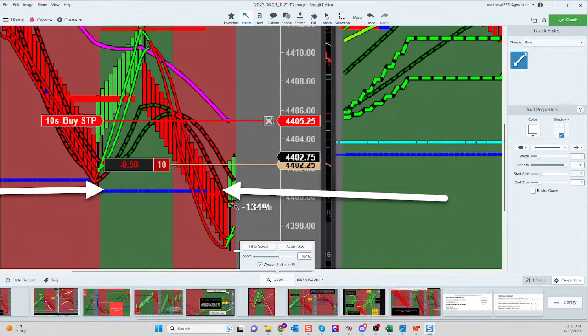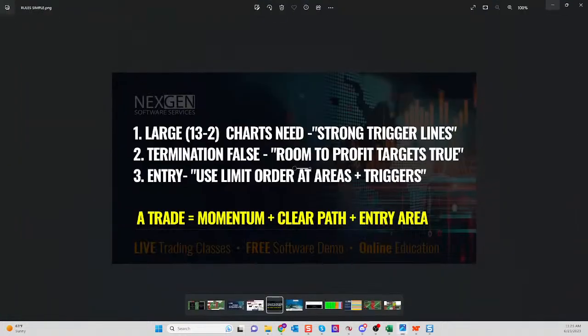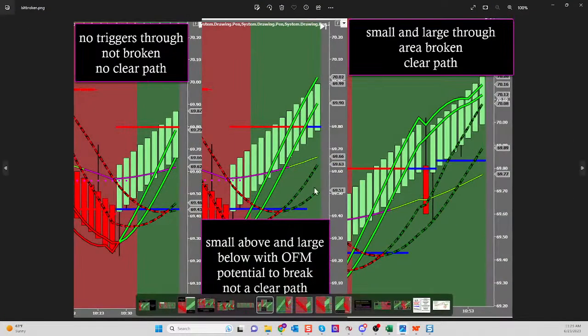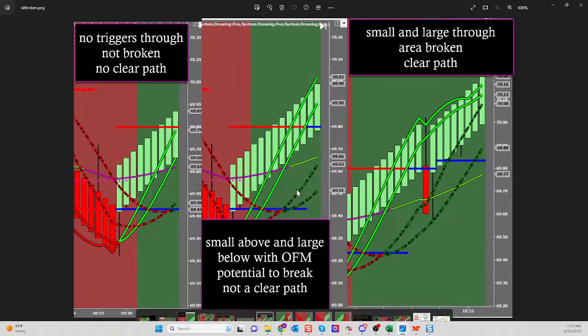So maybe this was just a little misunderstanding on the idea of a 50-50. In order for the path to be completely clear, both sets of triggers have to be on the other side. You know I have pictures for everything, right? Only the smalls through, it's a 50-50. You don't have a clear path. Both small and large break through.